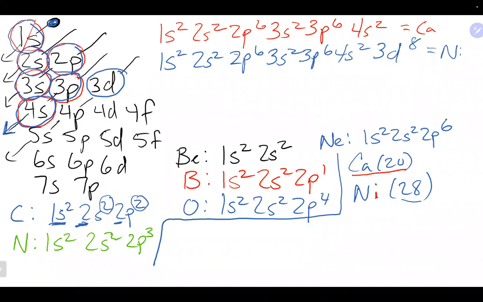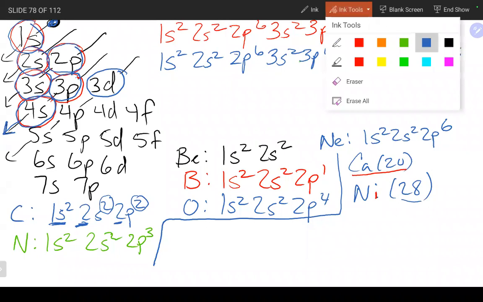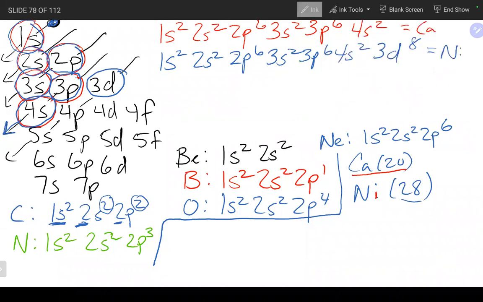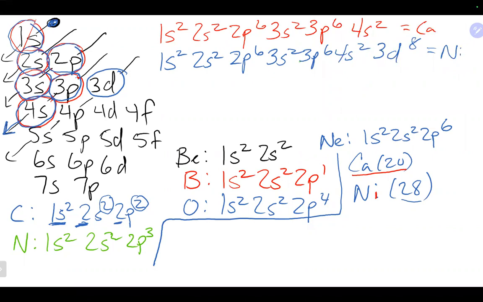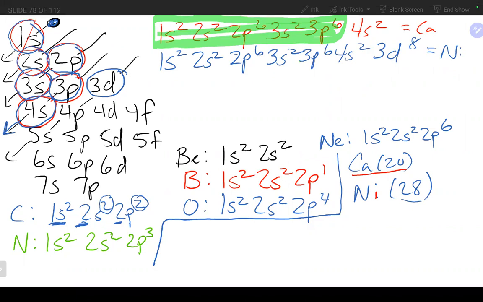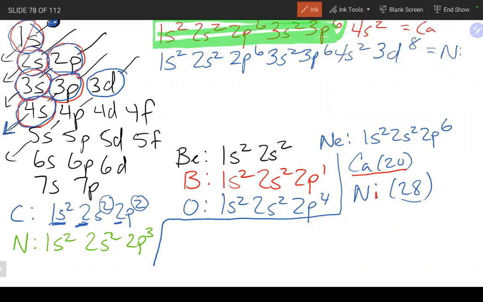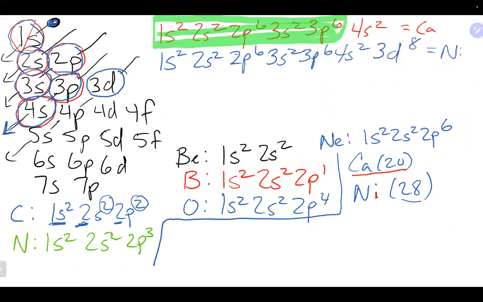Okay, so these are electron configurations for calcium and nickel. If we look at, for example, calcium, up through this part of it here, how many electrons is that? That is 18 electrons. And who on the periodic table is 18?